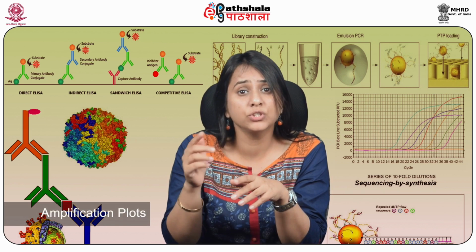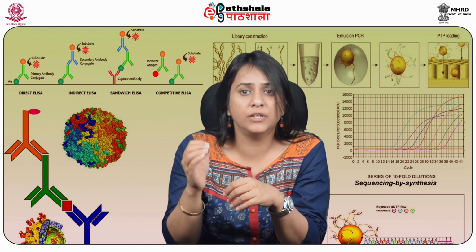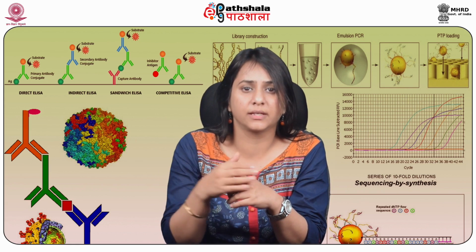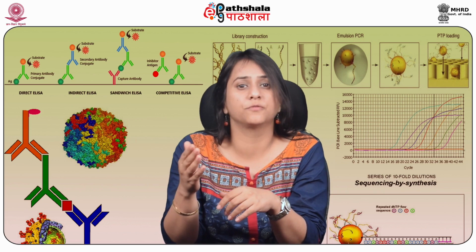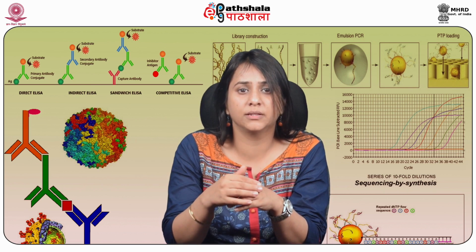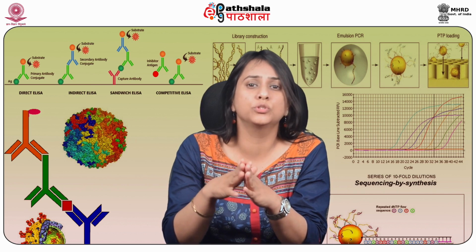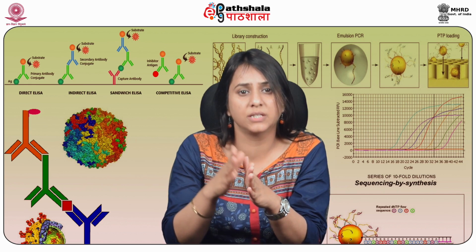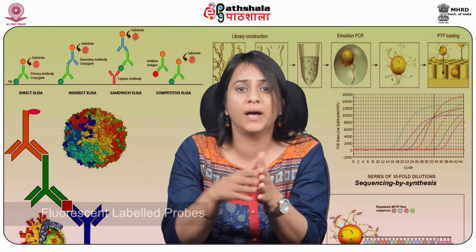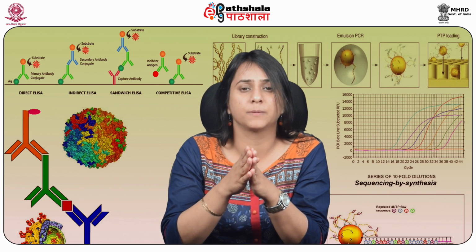The amplification plots produced will show the increase in fluorescence with every cycle. Various specific and non-specific probes are employed in this method. For the non-specific probe, the most commonly used is SYBR Green dye, and the specific probe is the fluorescent labeled probe, and I have discussed these two techniques briefly in the modules.